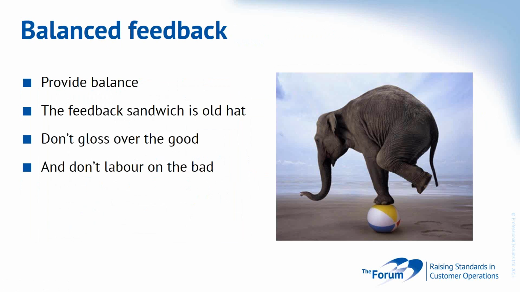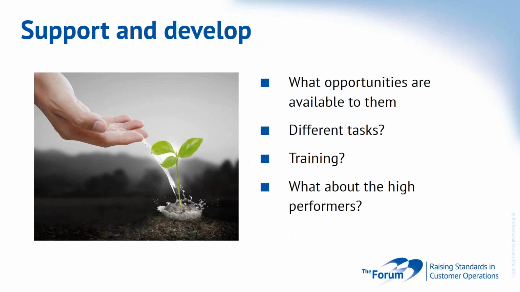The next thing then, once we've got the feedback and we know what's doing, it's around that support and development. So supporting people to achieve their full potential is the role of any good leader. This support could come in the form of mentoring, coaching, training, giving them a different task to do, seconding them out to different roles within the business, but looking at those development opportunities that are there.